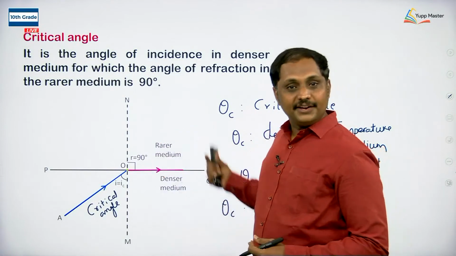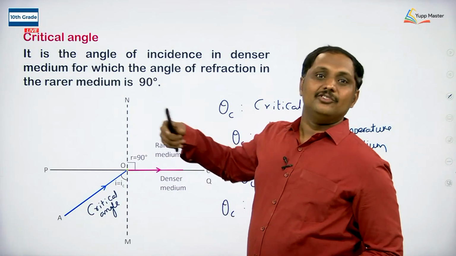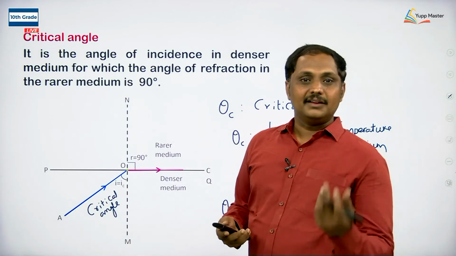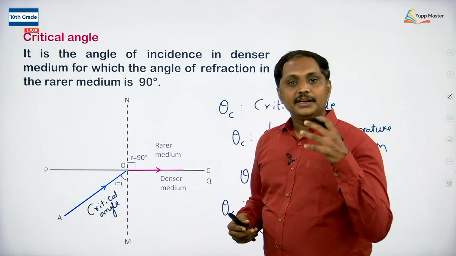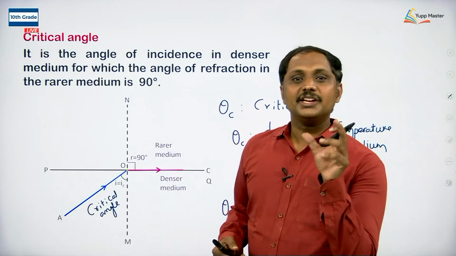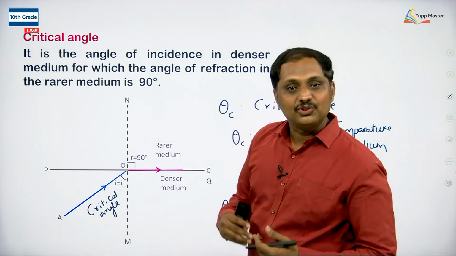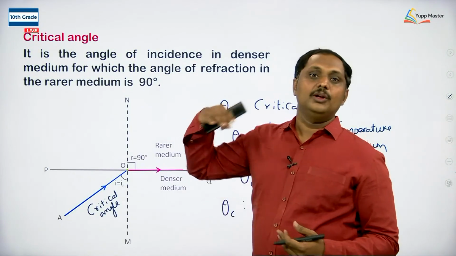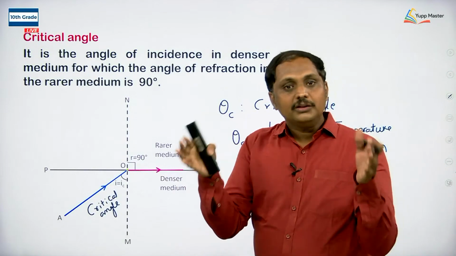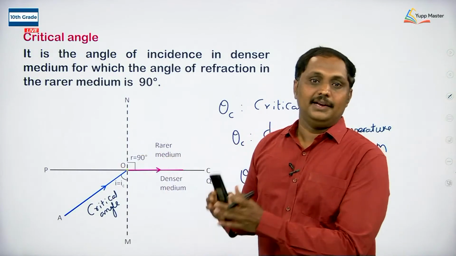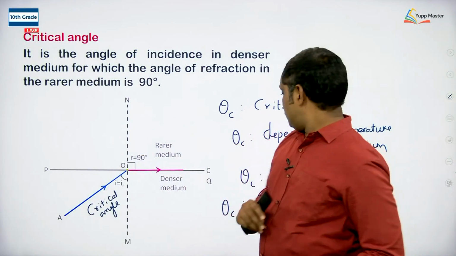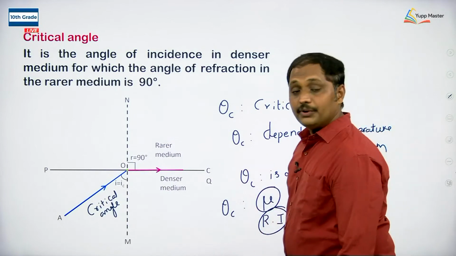It is going to decrease and the critical angle is going to increase. The density also changes and the speed of light is also affected. So, these are all the internal related parameters. Please have a look. Let us go for the derivation.